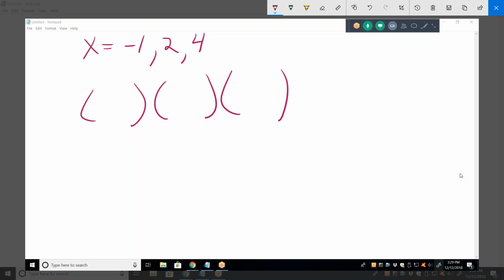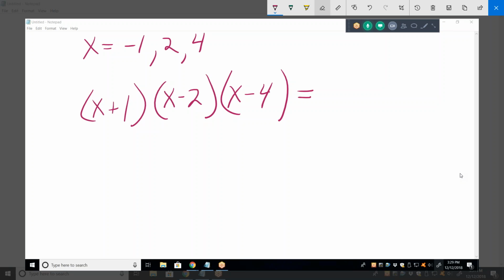So if the 0 is minus 1, what is the linear factor? Plus 1. If the 0 is 2, what is the linear factor? X minus 2. Times? X minus 4. So they're saying that those are the three factors. Multiply them together, you'll have your polynomial.